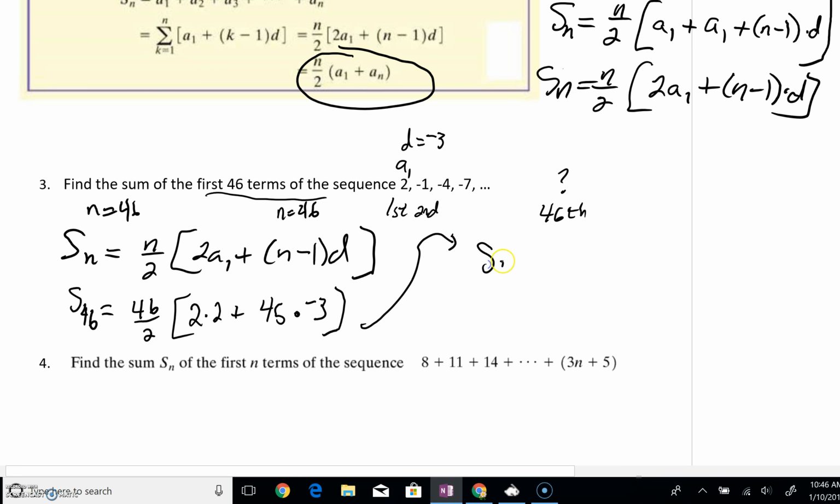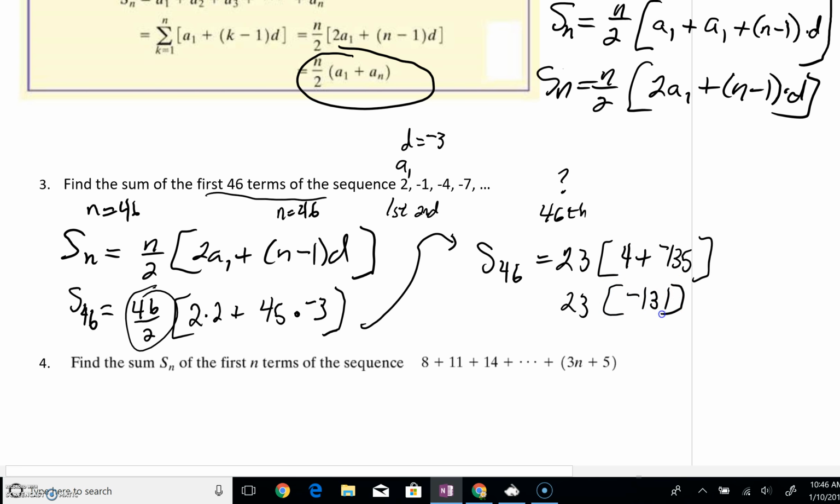S sub 46: 46 divided by 2 is 23. This is a 4 plus, and 45 times -3 is a negative 135, I think. And 4 plus negative 135 is actually just a negative 131.